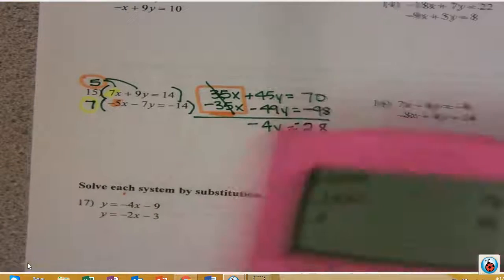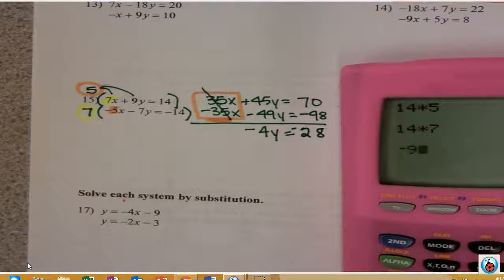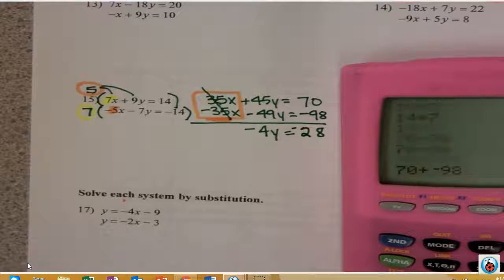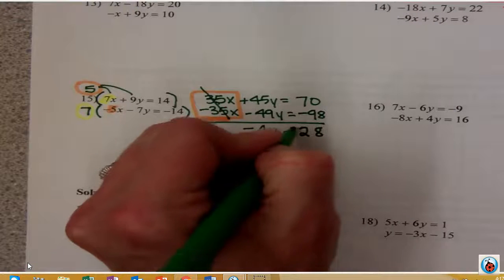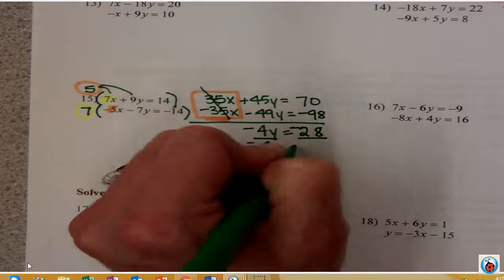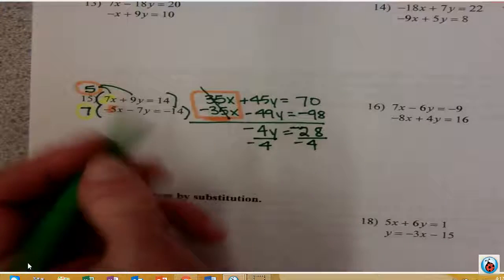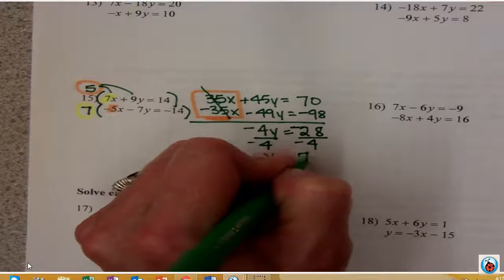I can do it on my calculator if you want. Let's do 70 minus 98, or 70 plus negative 98. Either way, you get negative 28. Then I'm going to divide both sides by negative 4, because I want to get rid of that negative as well. Y equals 7.